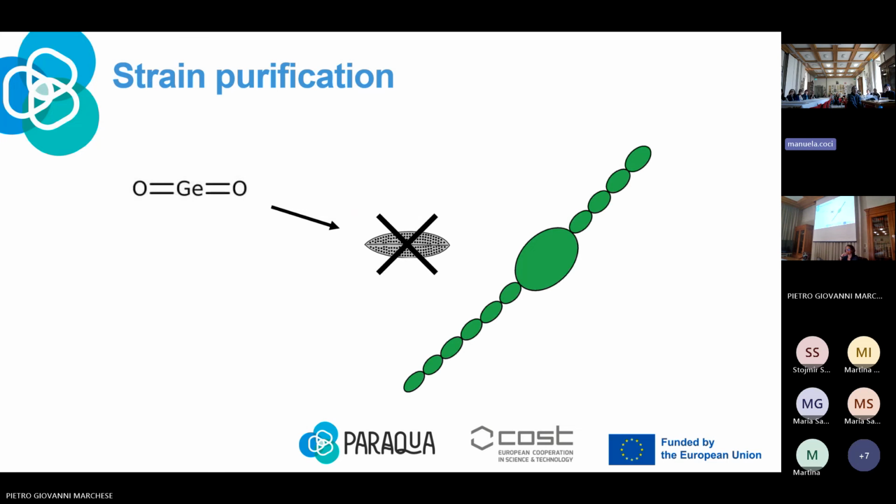Okay, during the isolation process, you can apply some additional steps. For example, you could apply purification of the strains with many types of compounds. For example, you can apply germanium dioxide if you want to eliminate the diatoms. So sorry, Lukasz, for this information.